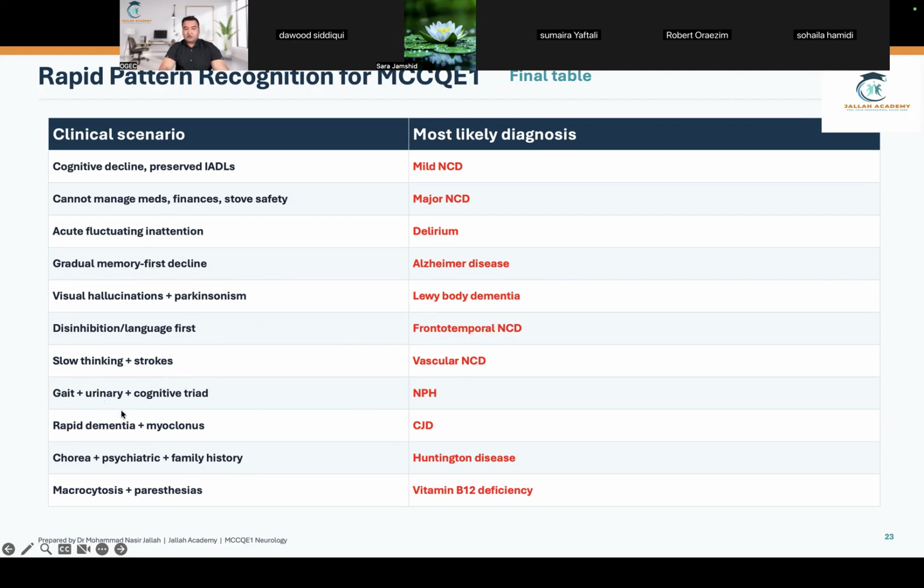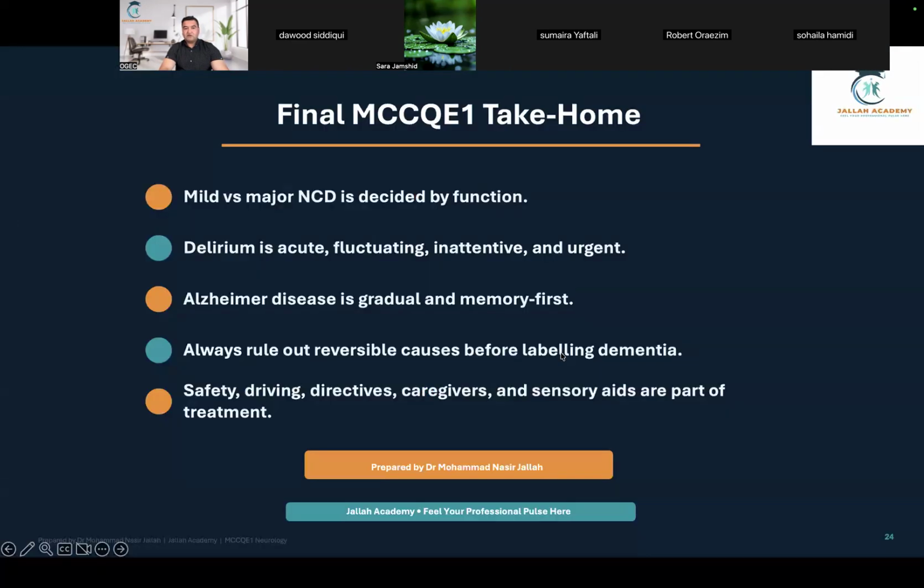Gait problems, urinary incontinence and dementia, normal pressure hydrocephalus. Rapid dementia within weeks to months, plus myoclonus, plus ataxia, I forgot to put the ataxia, Creutzfeldt-Jakob disease. Psychiatric symptoms with family history, Huntington's. Macrocytosis and paresthesia, vitamin B12 deficiency or folate.